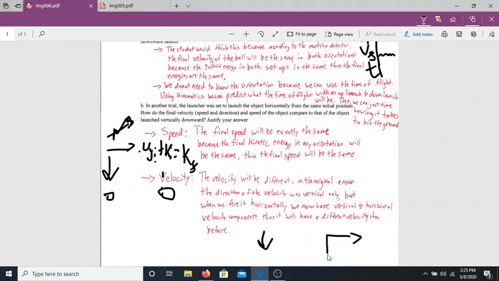So in fact, the final velocity of the ball that's launched horizontally is going to be different because the direction of that velocity vector is going to be different. So what it comes down to is that the speed, the number, will be the same, but the direction it's going in will be different, which means the velocity is going to be different.